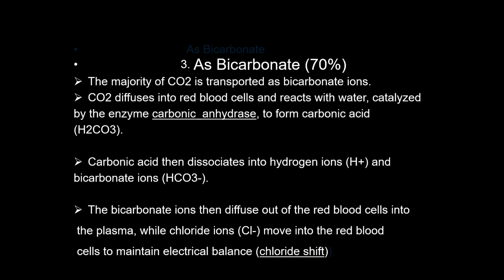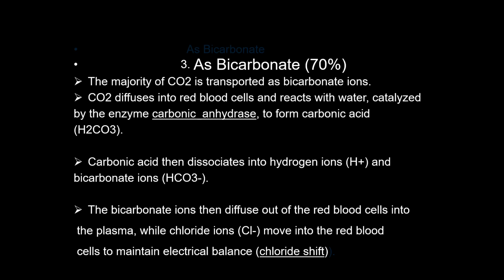In the third process, carbon dioxide also travels in the form of bicarbonate, where carbon dioxide diffuses into RBC from the capillary, where it reacts with water, because in RBC some water is there.